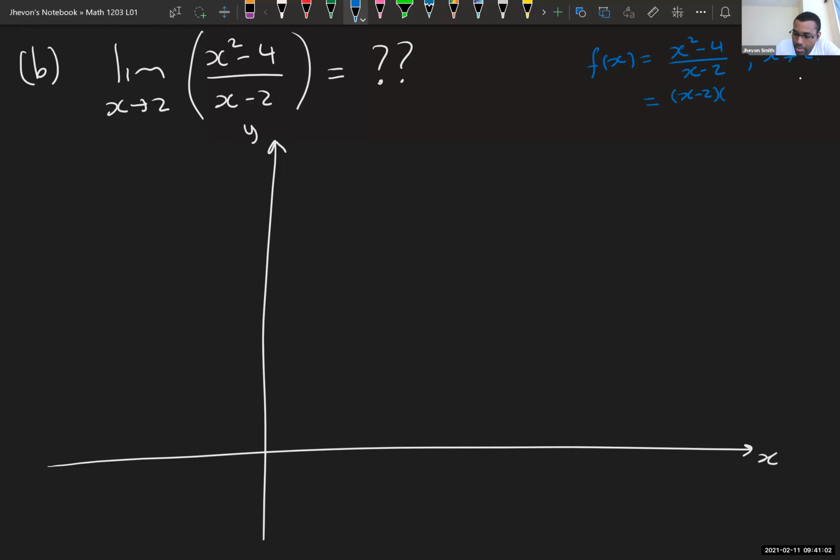We have a difference of squares in the top. And technically I can cancel out that x minus 2, but still, x equals 2 did not work in the beginning, so it still can't work, right? I'm just rewriting the function, but I'm not changing the function, right? So it turns out that this just looks like the graph x plus 2, except I cannot be 2 itself. Now y equals x plus 2 is actually a straight line, right?